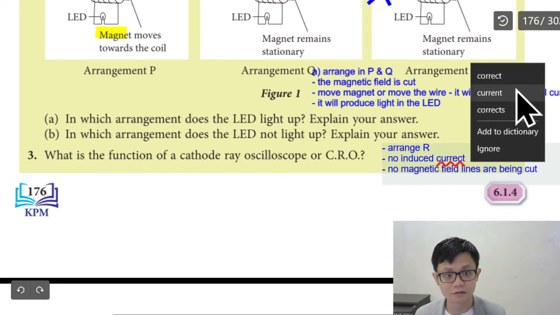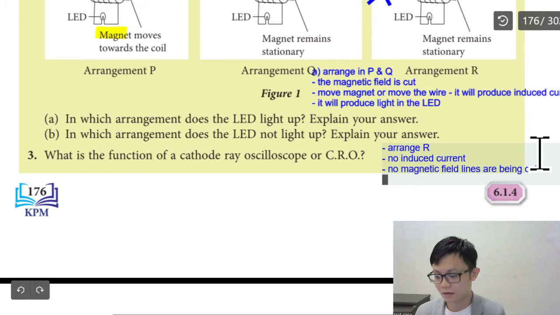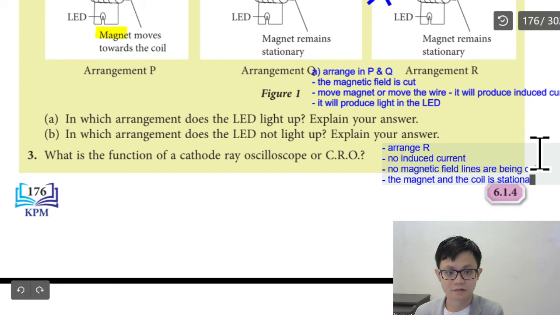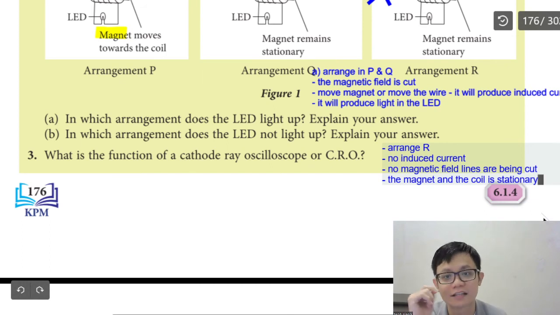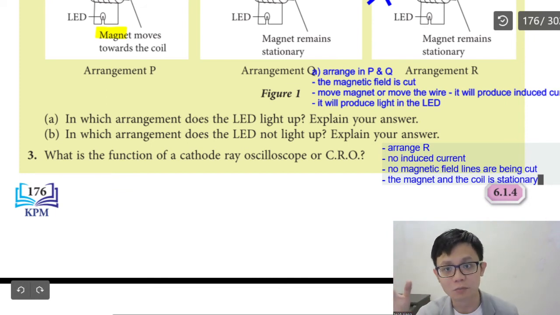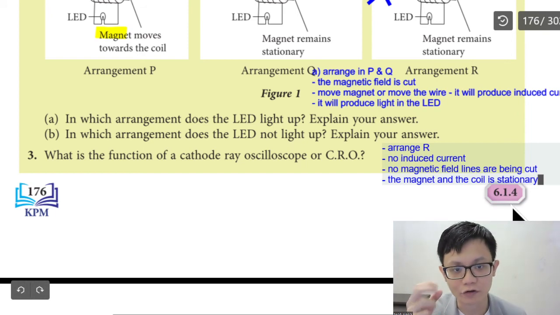Because the magnet and the coil are stationary. Stationary, yeah. Not the pencil, stationary. Station means like the train station, okay? Station means you don't move. Bus station, train station. Because the station doesn't move, the bus that moves, the train that moves.